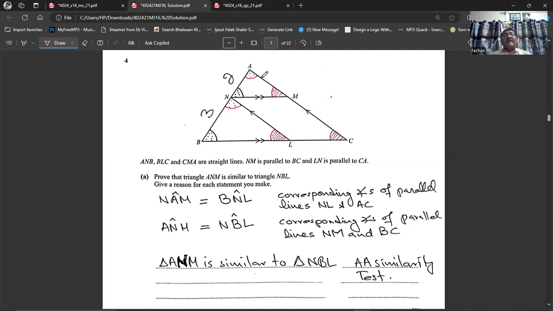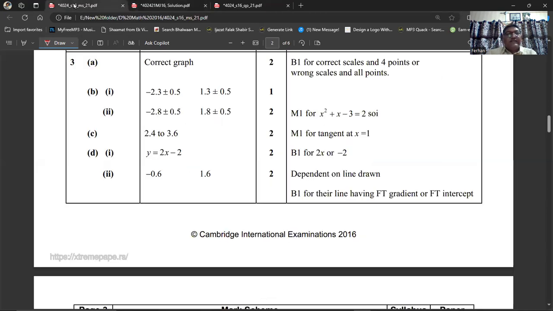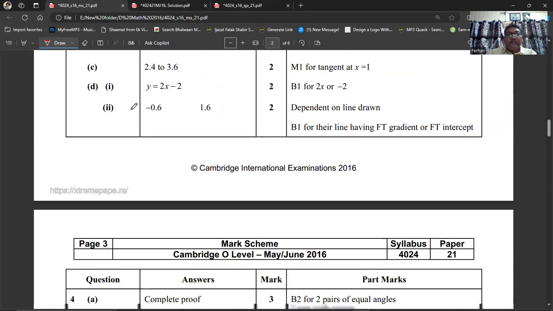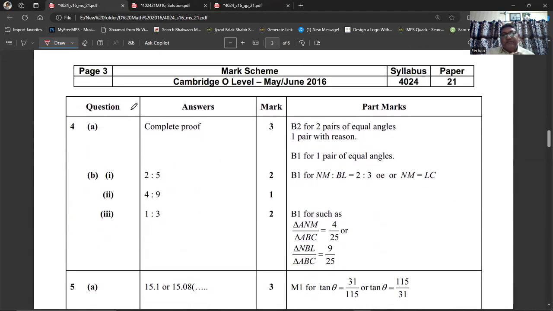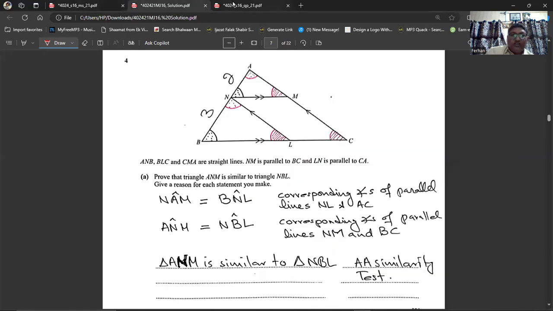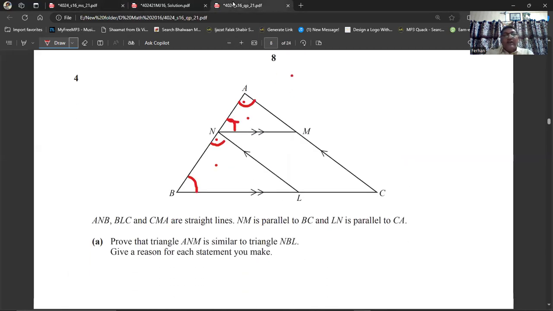So the triangle ANM is similar to the triangle NBL. The reason is the angle similarity test. Let's look at the marking scheme. So our answer is right. This is the solution.